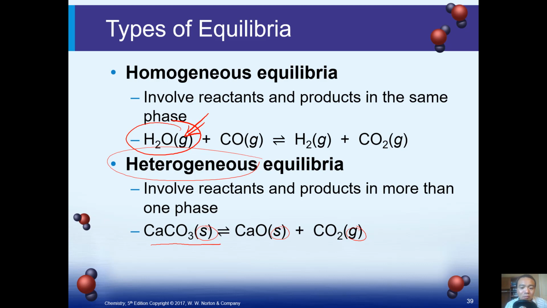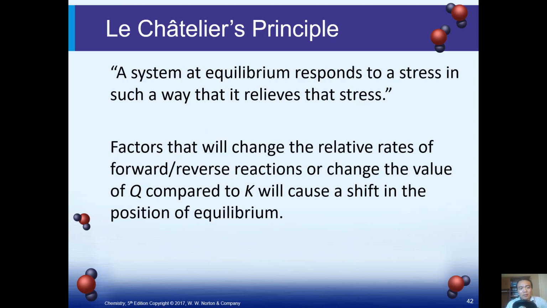Next, we are going to talk about if a reaction at equilibrium is perturbed by the change of certain conditions, to which direction the reaction will shift if it does this. So, Le Châtelier's principle just tells us how the reaction will be reacting if such a perturbation is applied to a reaction at equilibrium.